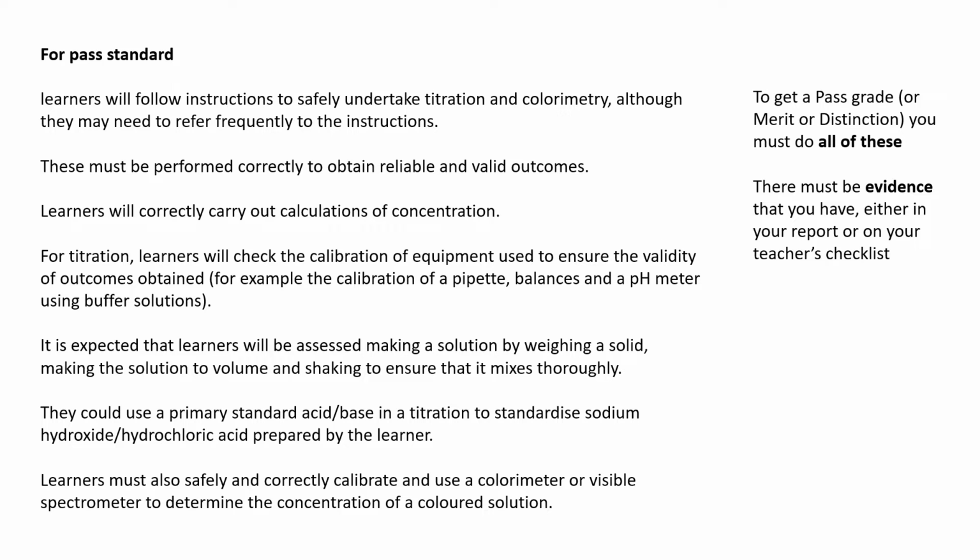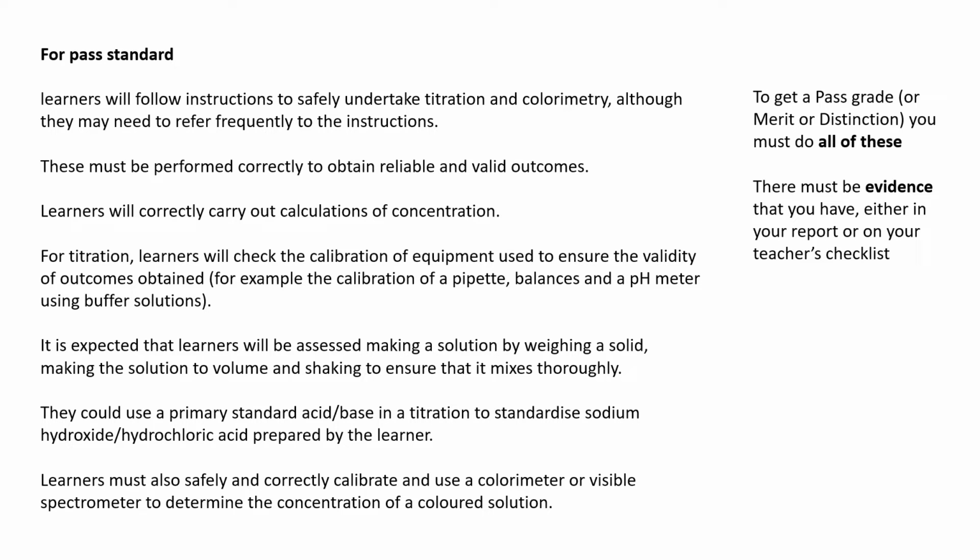To get a pass grade, and by the way, you can't get a merit until you've done all the pass stuff, and you can't get a distinction until you've done all the pass and merit stuff. So you have to do all of these. To get a pass grade, you must do all of these, and there must be evidence in your report. I'll talk about the report in a bit. There must be evidence that you have done all of these, not most of them, all of them.